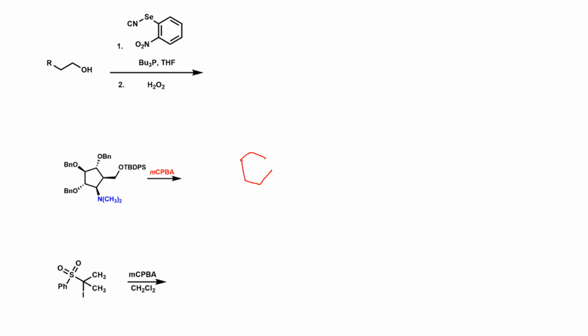This type of reaction is called Cope elimination. When nitrogen is involved, that elimination is called Cope elimination. Now there are two beta positions.